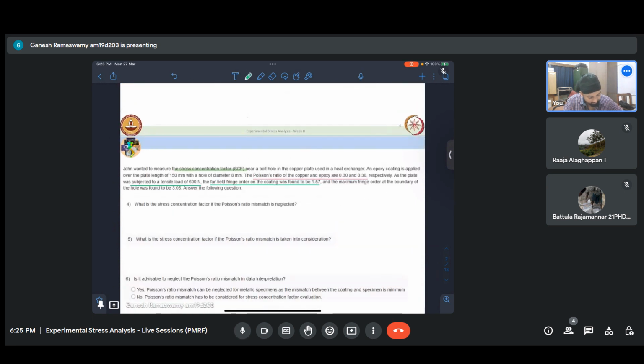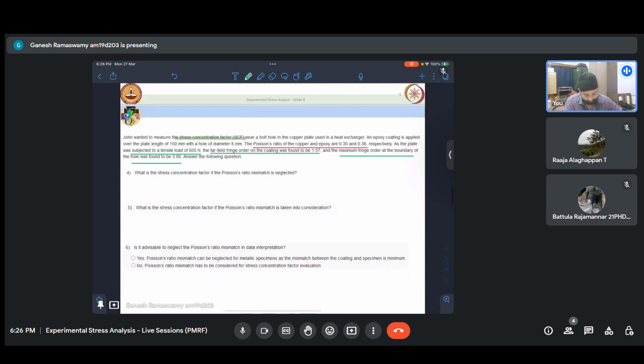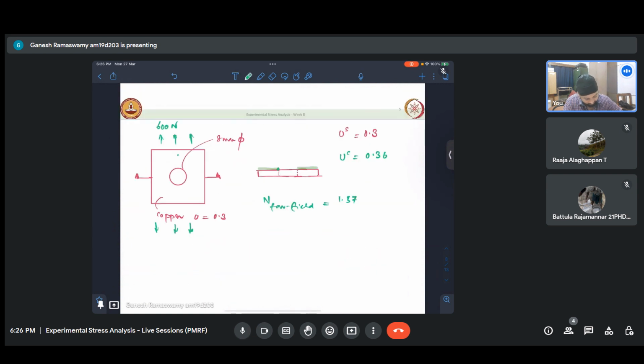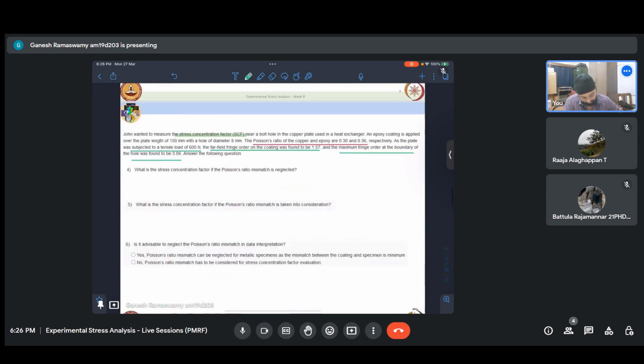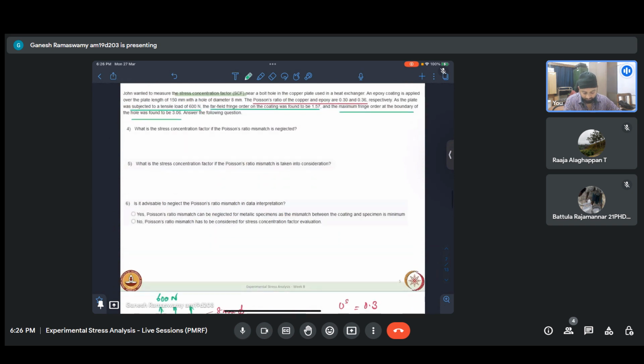And the maximum fringe order at the boundary of the hole was found to be 3.06. So essentially at this point, the stresses will shoot up and N at the boundary was found to be 3.06 is what is given. So answer the following questions based on this.